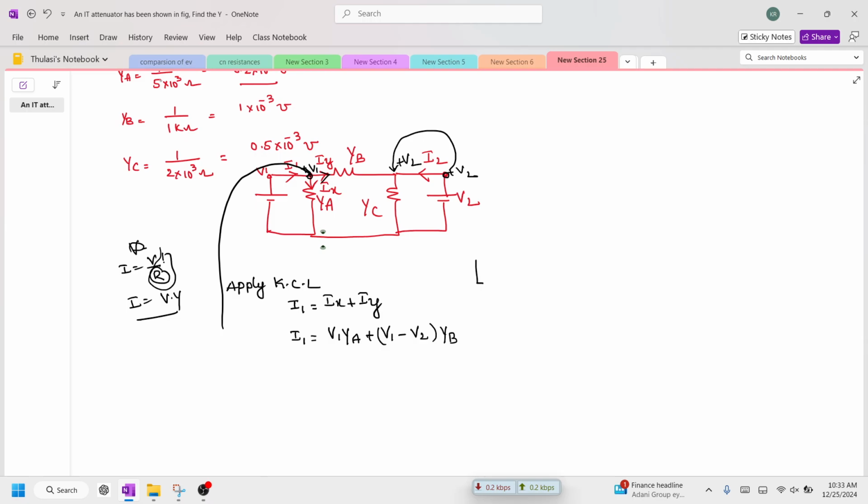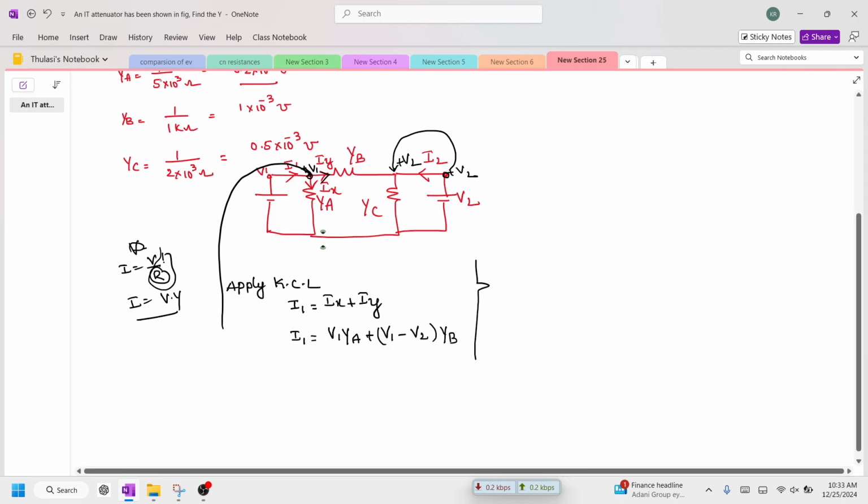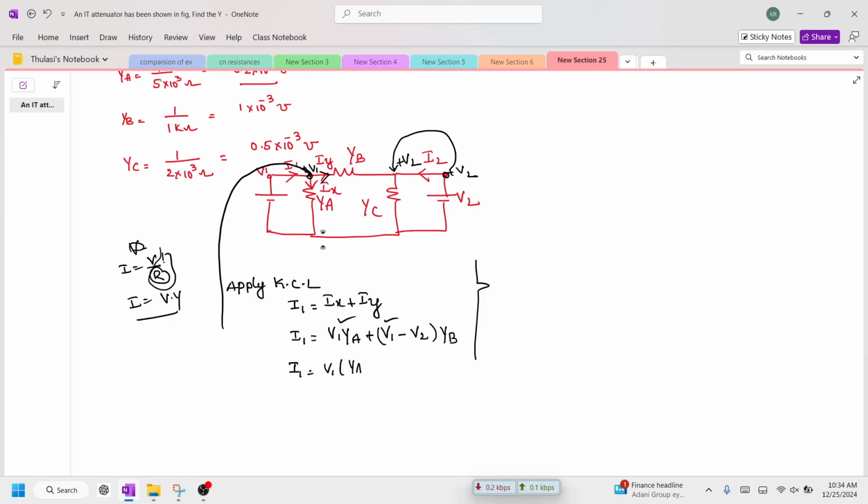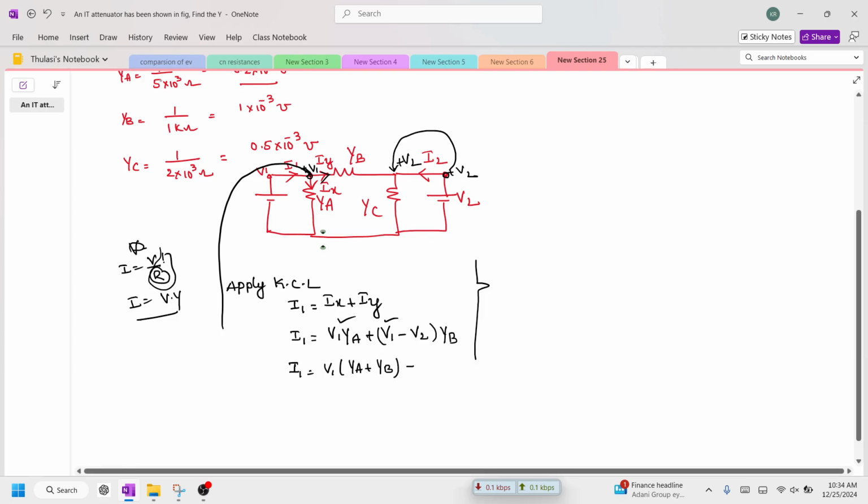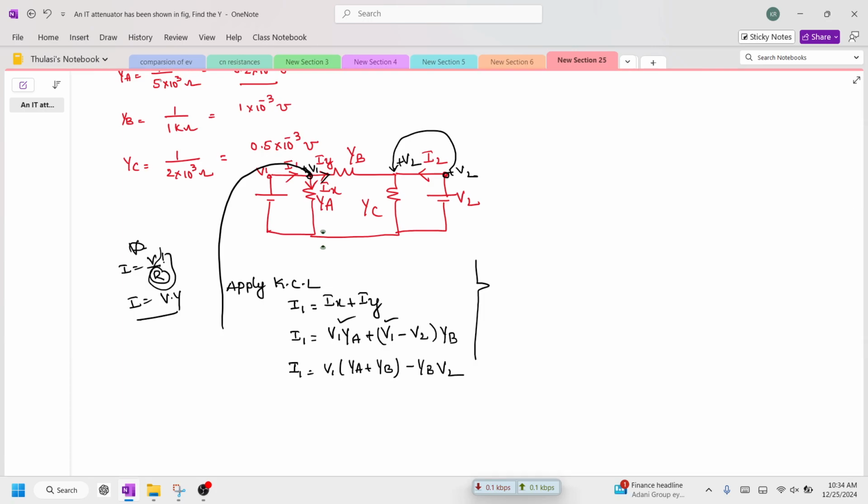This is the proper way of writing. So here I would like to arrange it in the standard format. I1 is equal to, taking V1 as a common term, V1 into YA plus YB, next one is minus YB V2. So this is the standard format.